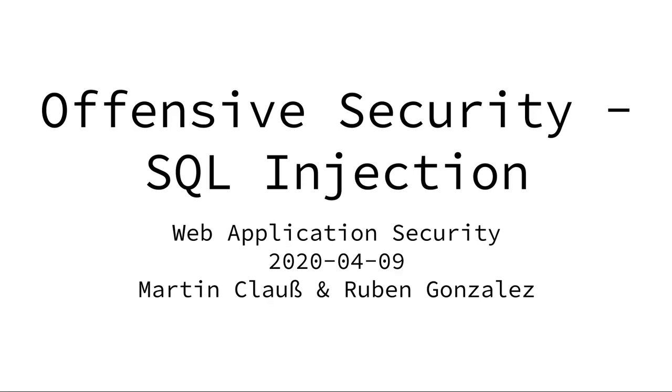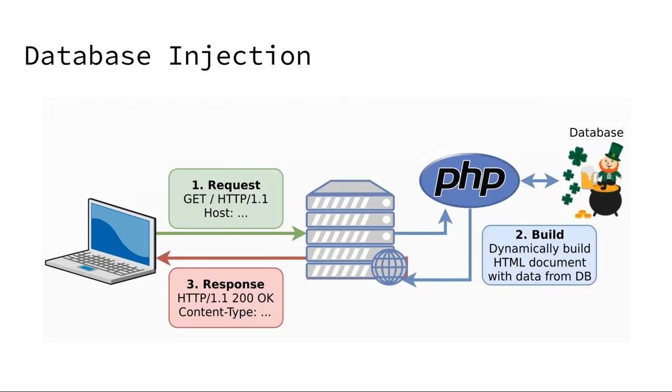Another type of code injection vulnerability in web applications are SQL injections. So if you look at the typical workflow of a web application, what an attacker is actually interested in is usually the database.